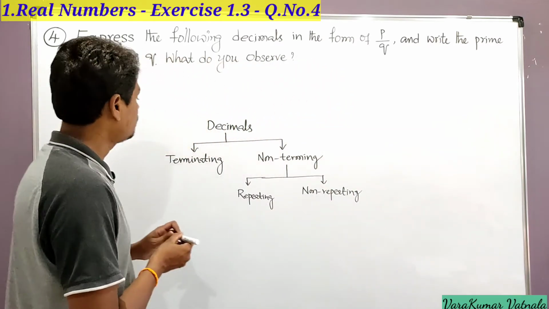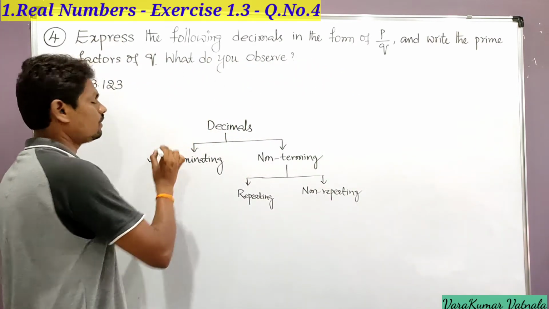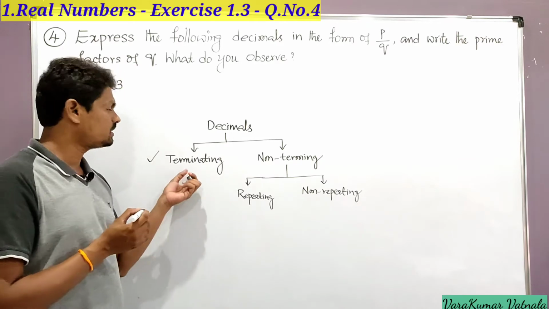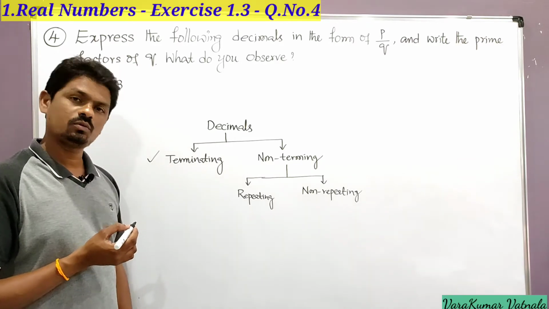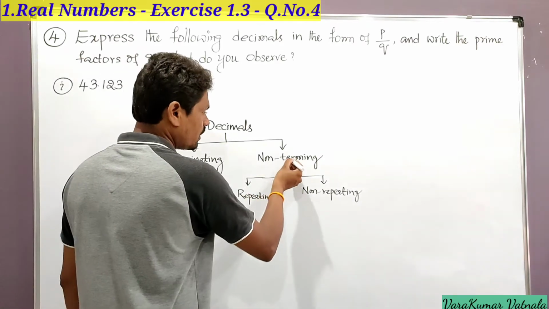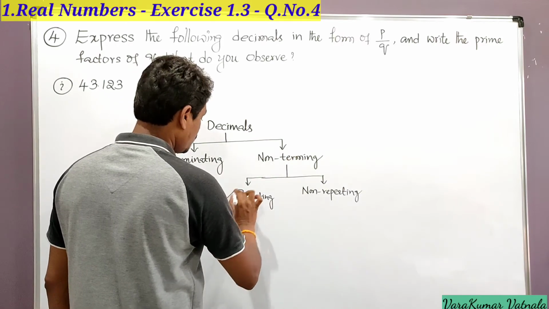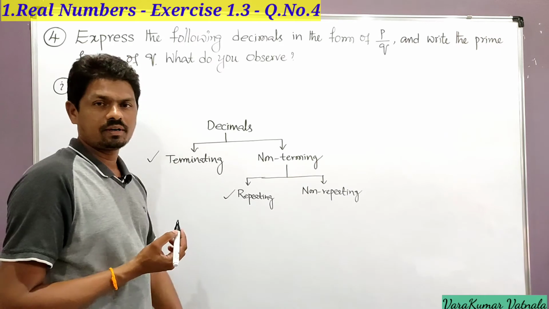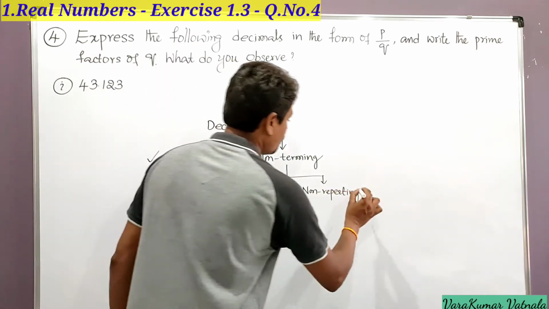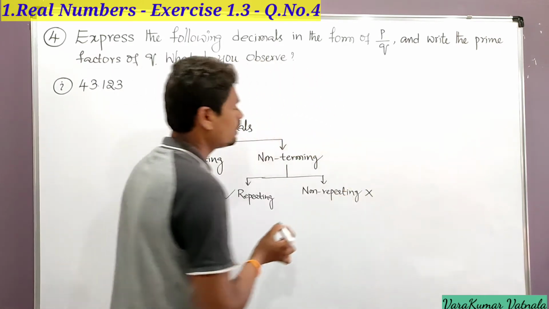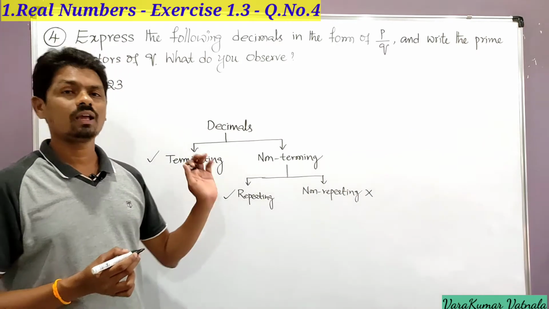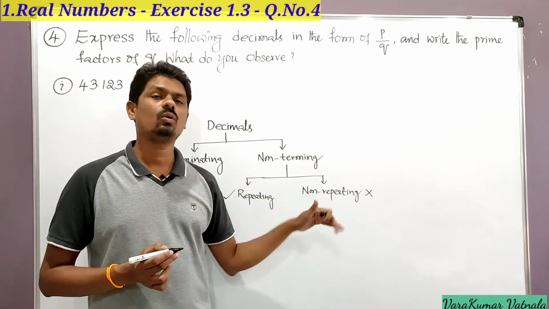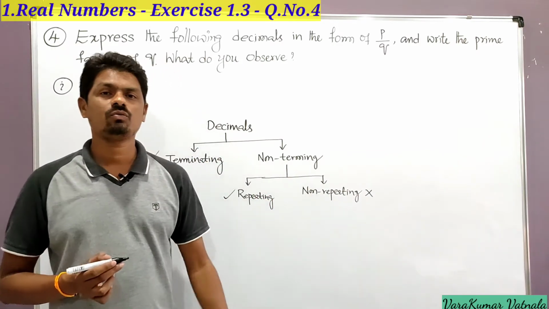So student, terminating decimals are rational numbers. These decimals can be converted into p by q form. In the non-terminating decimals, only repeating decimals are rational numbers. These can be converted into p by q form. But non-terminating, non-repeating decimals are irrational numbers. These cannot be converted into p by q form.